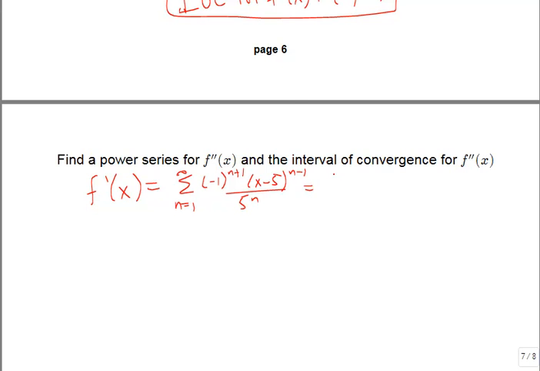And expanded out, that was 1/5 minus x minus 5 over 5 squared plus x minus 5 squared over 5 cubed, etc. So for the second derivative, we're just going to take the derivative again.